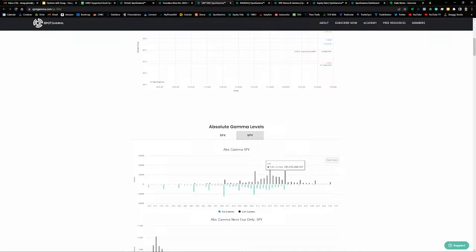And then what SpotGamma noted this morning in the AM Founders Note is this range right here, noting that SPY 410 should act as support, 415 is a pivot level, and then 420, the gamma there is the top end, or resistance.